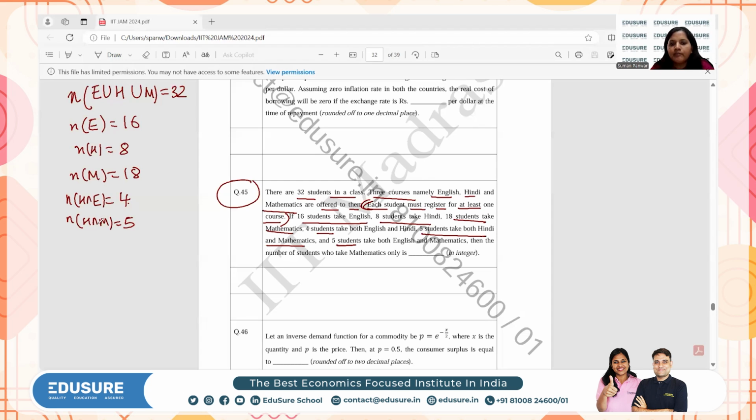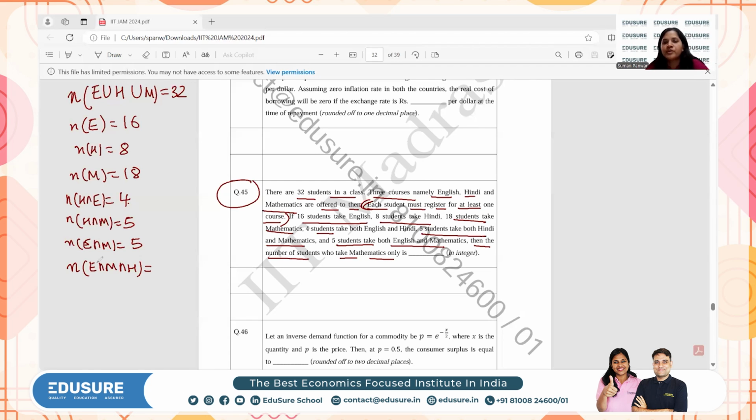And 5 take both English and maths. Then the number of students who take only math? So we actually do not know how many students are taking all three of the subjects.